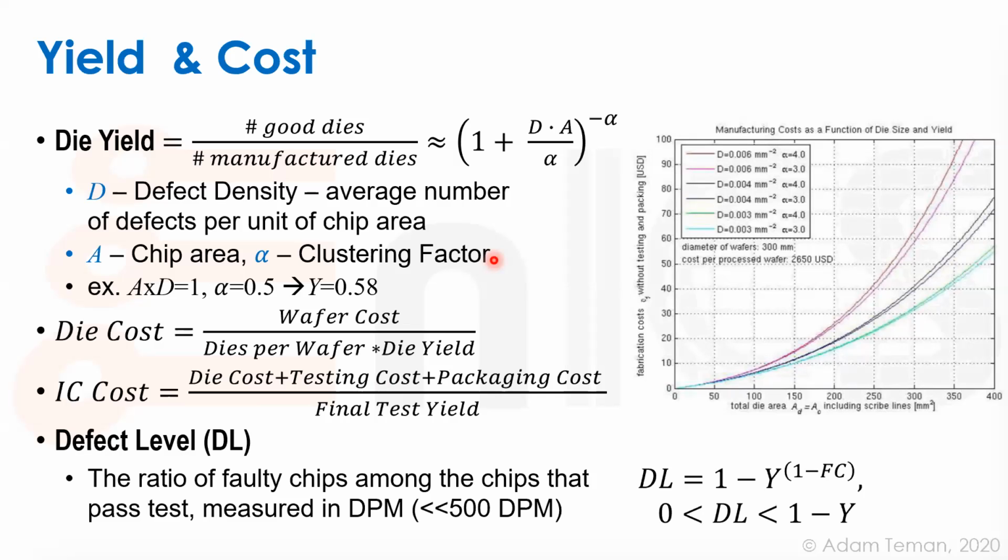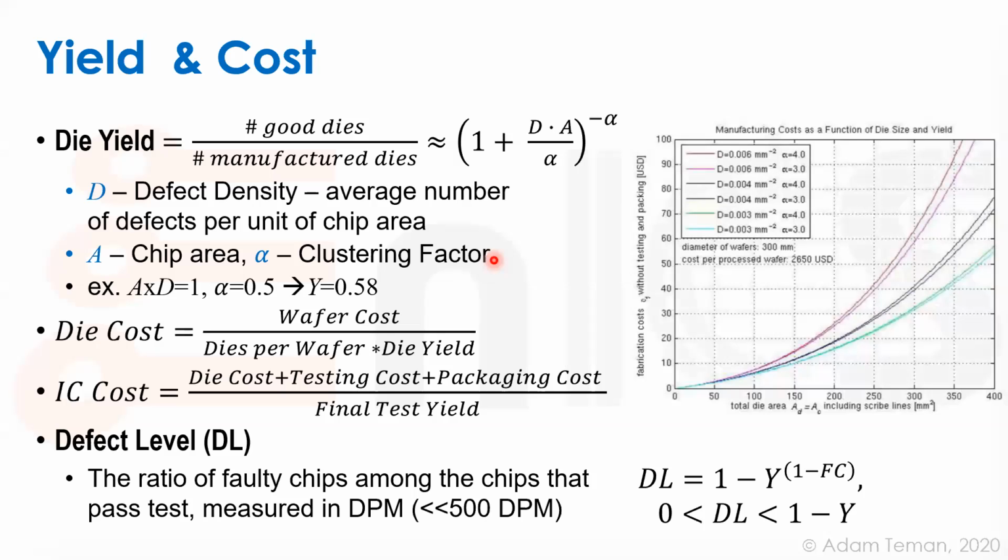There's also something that they call defect level that the yield guys talk about. That's the ratio of faulty chips among the chips that pass the test, measured in defects per million. So this is like false negatives: a chip passed the test, was sent out into the field, and it actually came back for a failure.